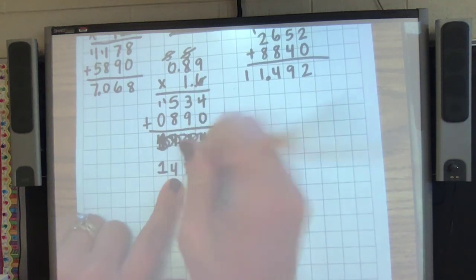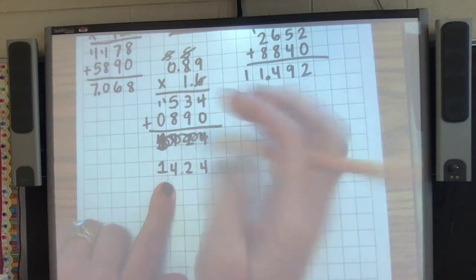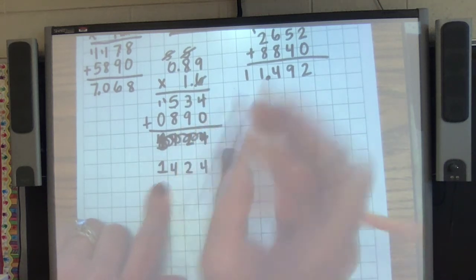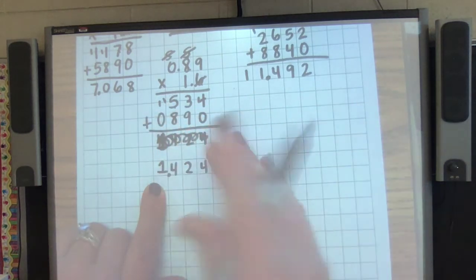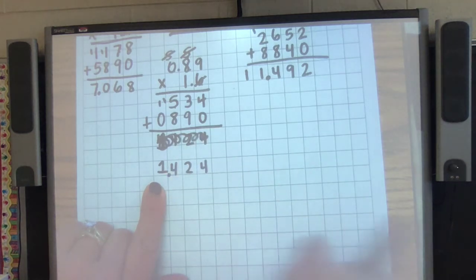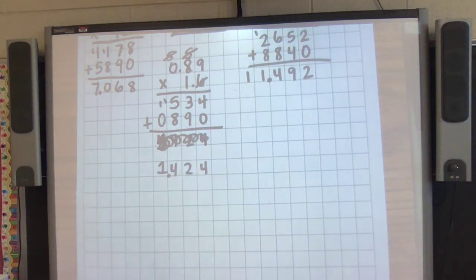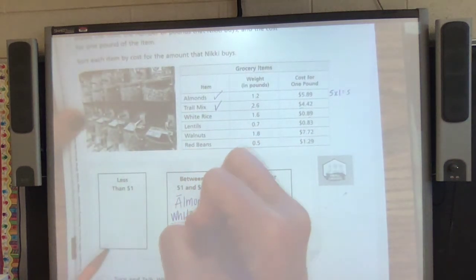No way. Would it be $14? No. 89 cents times 1 is 89 cents. It's not going to be a whole bunch bigger, but it would make sense for it to be $1.42. So that's where my decimal makes the most sense. So it is between $1 and $10, and that was my white rice.